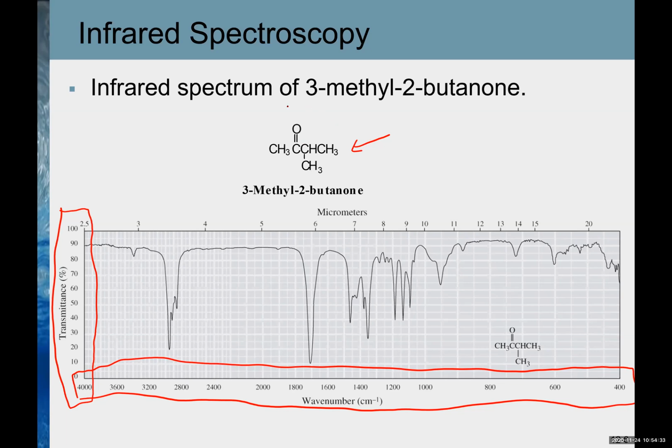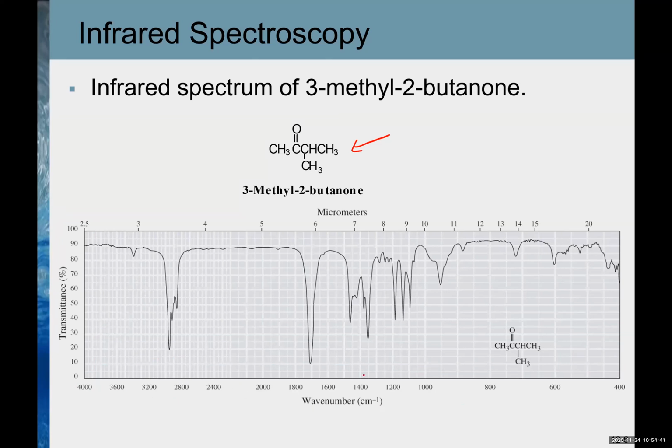Because this molecule has different kinds of bonds, they absorb energy at different levels. So at the 4,000 wave number level, everything is transmitted, meaning nothing is absorbed. Yes, about 10% is absorbed, but that's background, something else is absorbing it. Molecular bonds are not absorbing it. So we consider this as a baseline, although the baseline has to be at 100%.